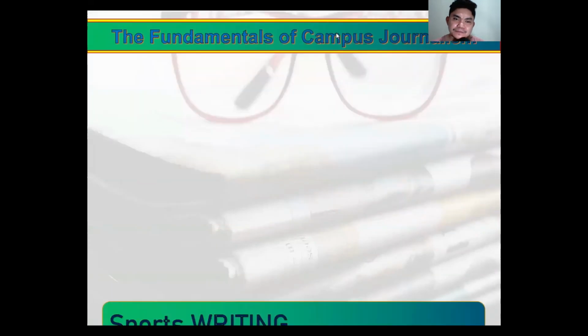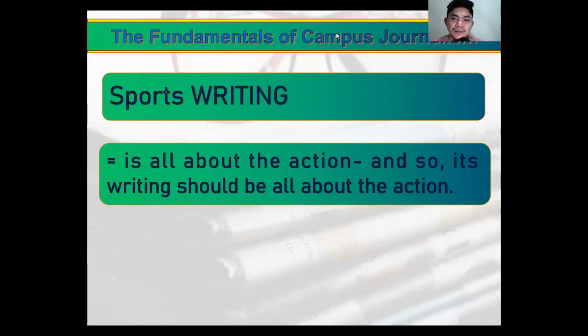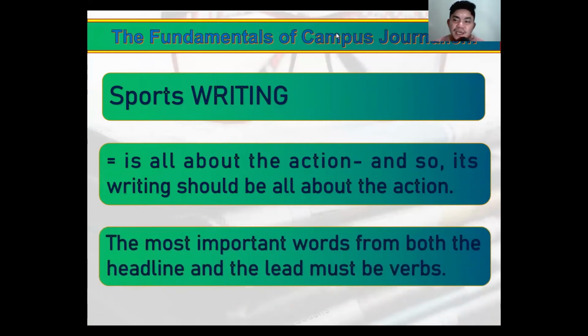Okay. Now, sports writing is all about the action, and so its writing should be all about action. In sports, we really are after the actions it gives to us. So we should be able to capture the action there.